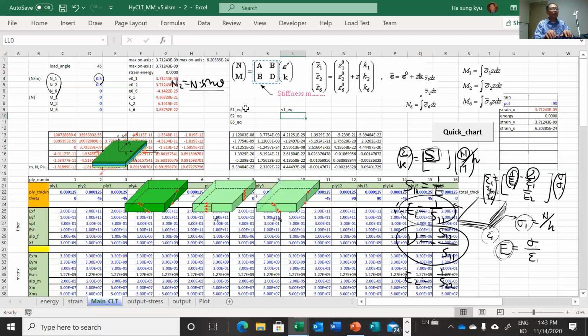Mu2 we don't need, only V1. So Young's modulus 1 will be simply the inverse of this S matrix entry, Young's modulus 2 will be the inverse of this one, and this one is minus S12 divided by S11.